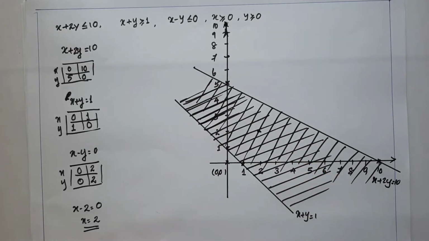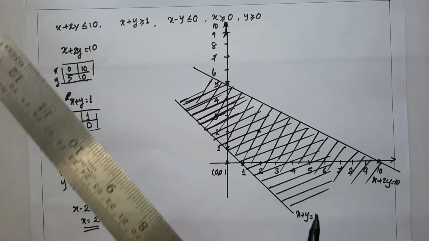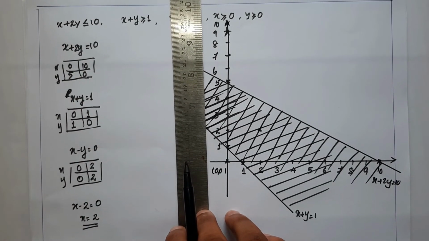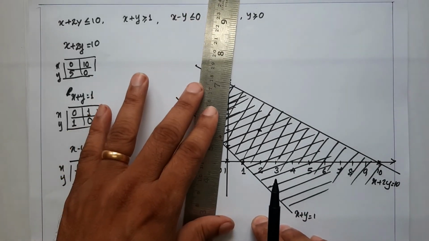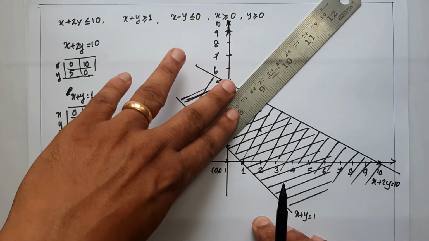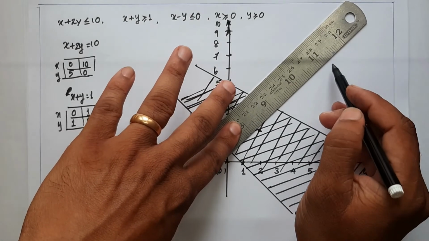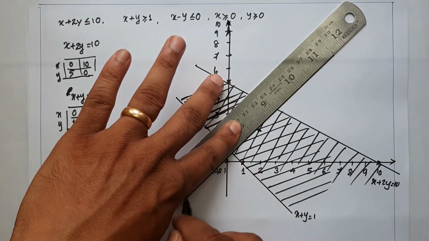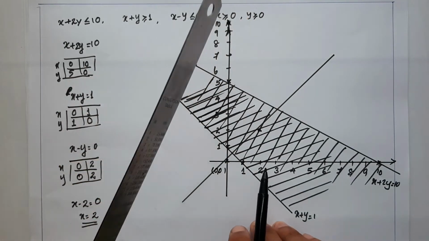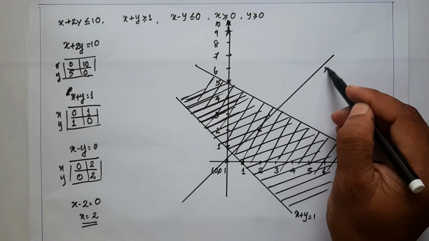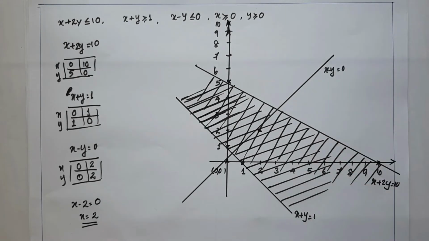By joining these two points, we get a line, which is the x minus y equal to 0 graph.